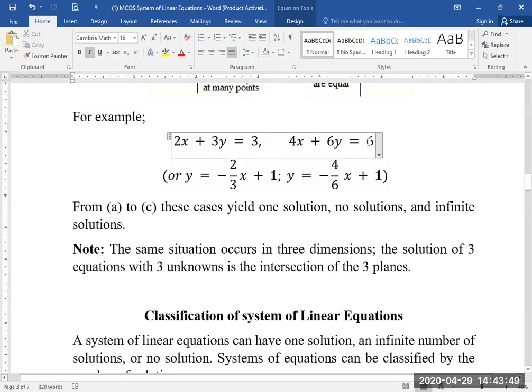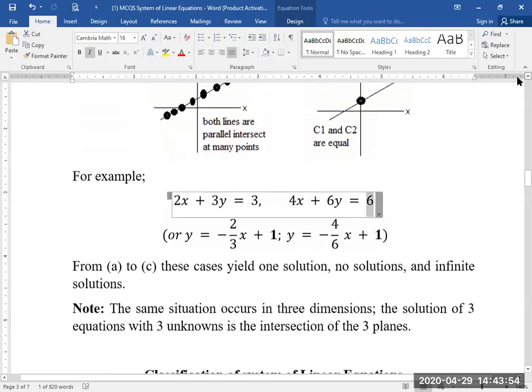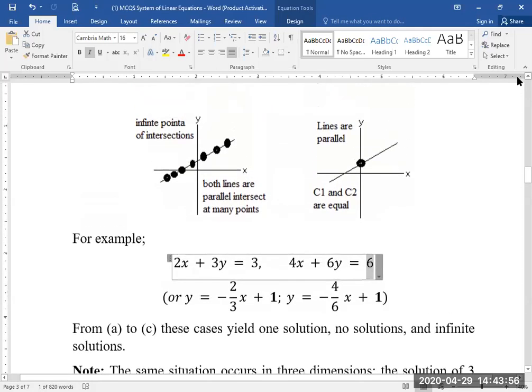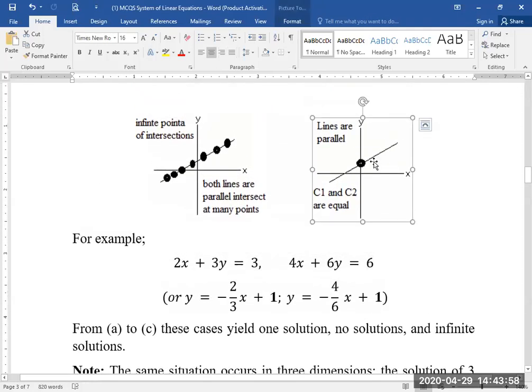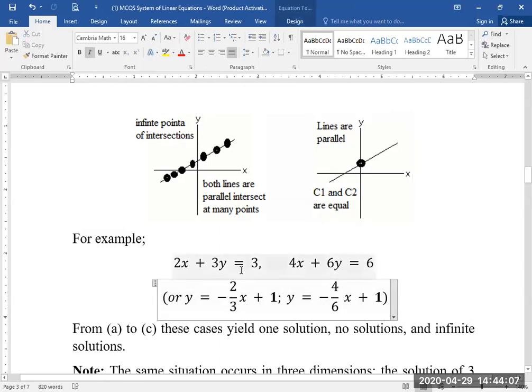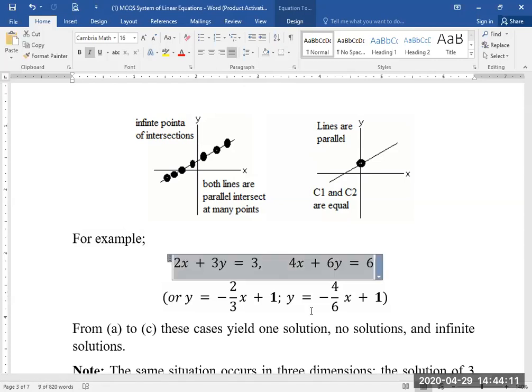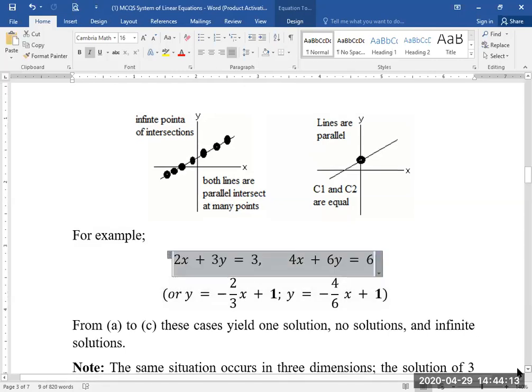Why did I multiply? Because I want to explain how many solutions occur if one equation is plotted on the other, students. So they intersect each other at many points, therefore we say it has many solutions.